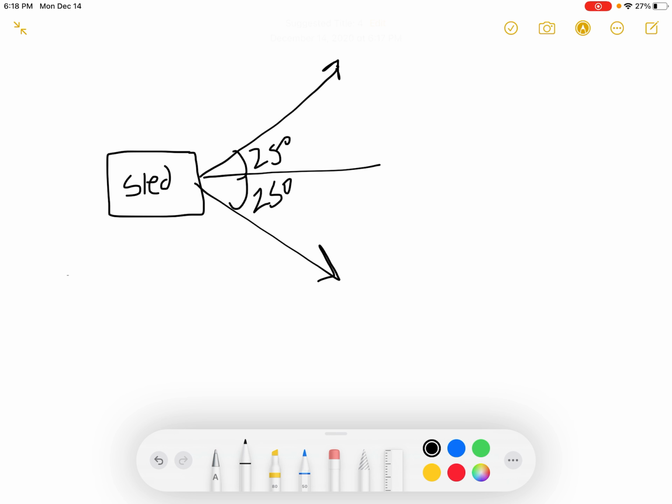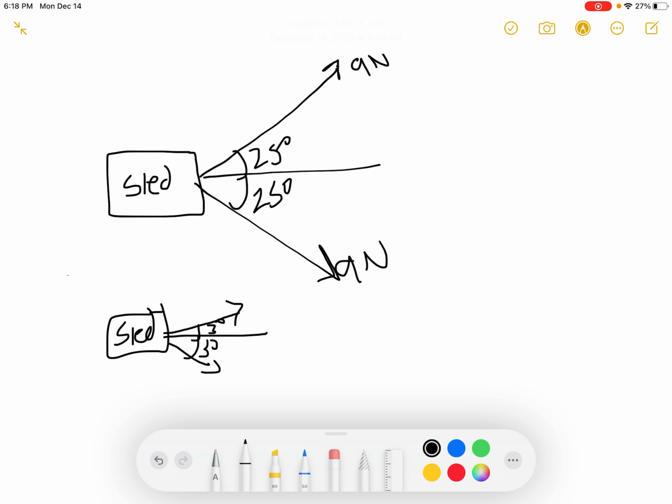Well, the amount of force could be reduced if the angle is decreased. Think about it. Let's say you have 9 newtons of force here and 9 newtons of force here. If the angles were decreased, let's say now we have 3 degrees, 3 degrees.